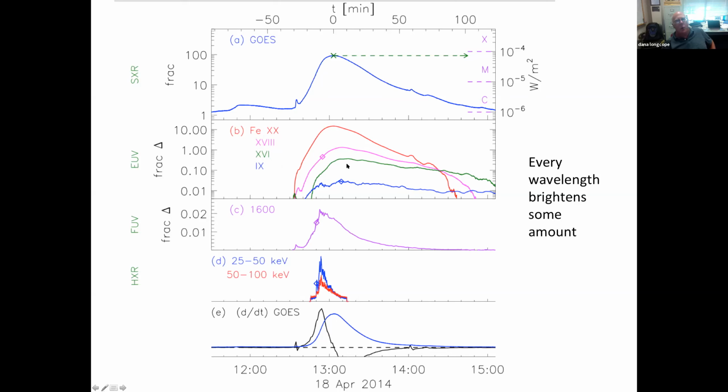As you get to cooler and cooler lines, they increase above their background level by smaller and smaller fractions. By the time you get to the far ultraviolet, 1600, which I'm going to talk about a lot, we're really only talking about a 2% increase in the brightness. But importantly, every wavelength that we're looking at here brightens to some degree. And that is a flare.